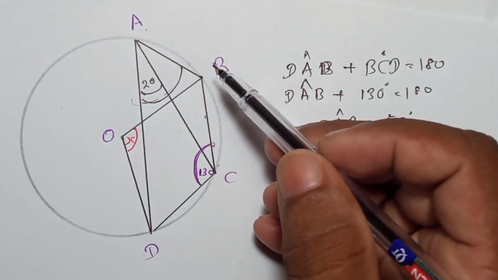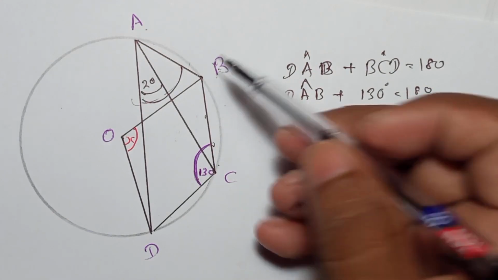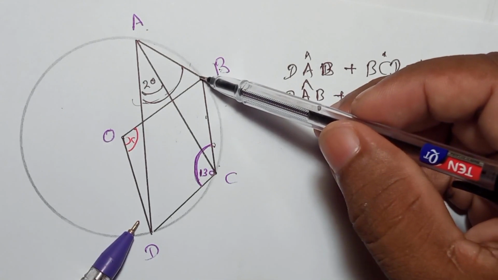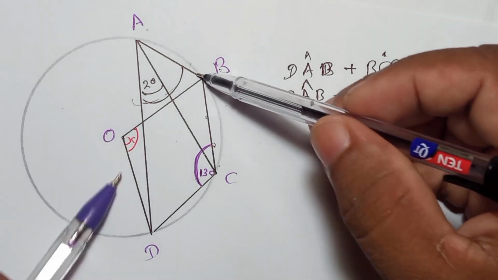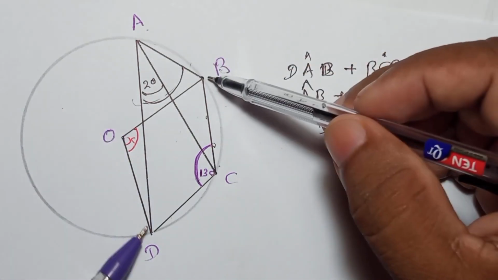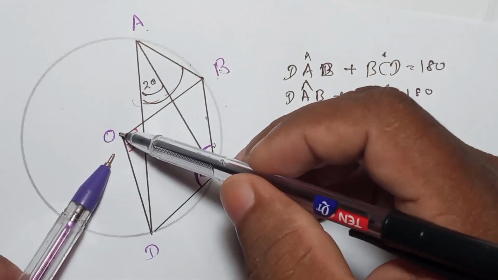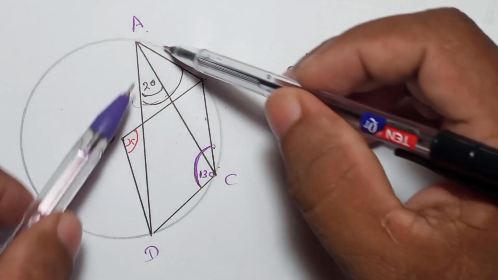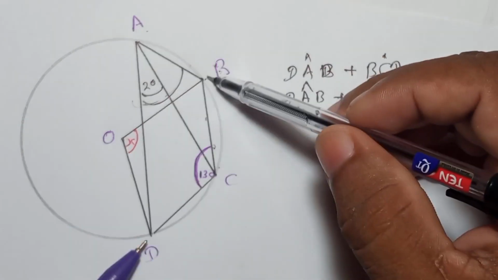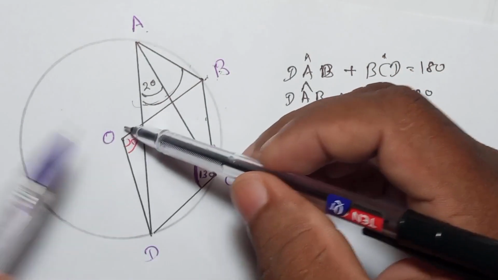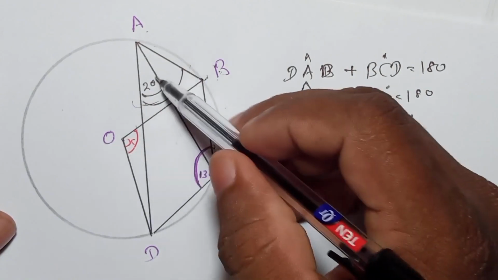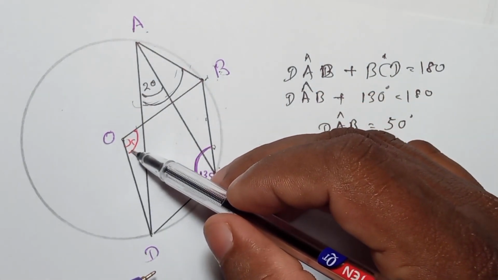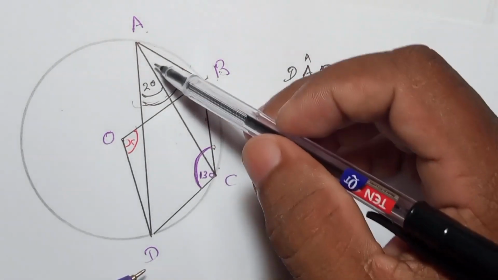Now look very carefully here at the next theorem. From D and B, consider going to the circumference, and from D and B going to the center, right? There's a connection here. So the angle at the center will be twice the angle at the circumference.